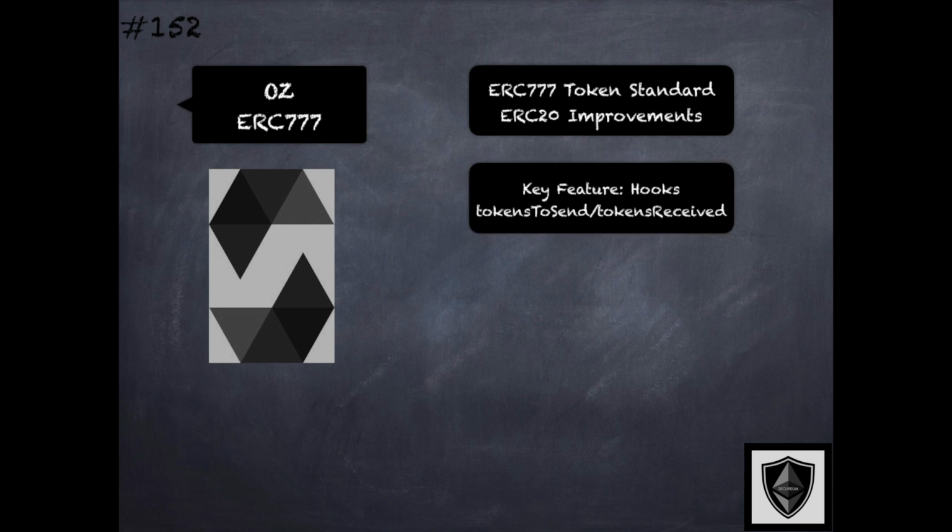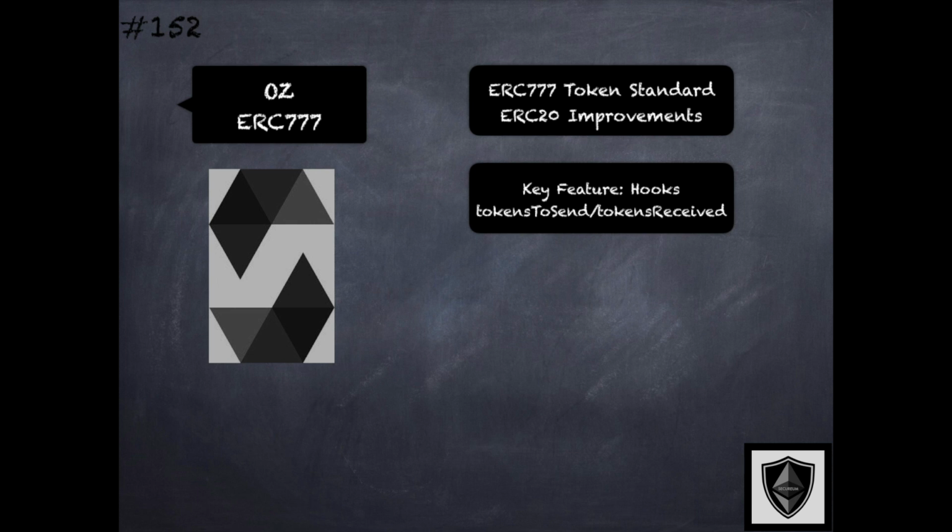One of the key features is the notion of hooks, which are functions within the contract that are called automatically when tokens are being sent from it or when tokens are being received. This allows the contract to control and reject which tokens are being sent and which tokens are being received.